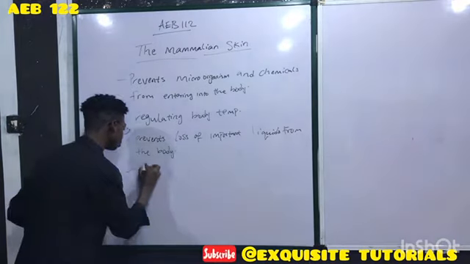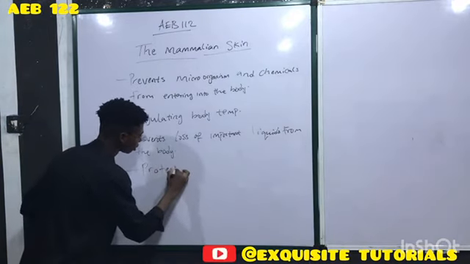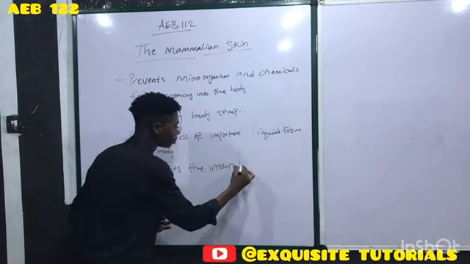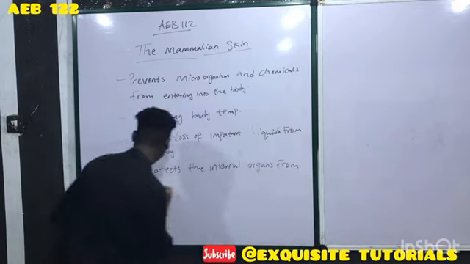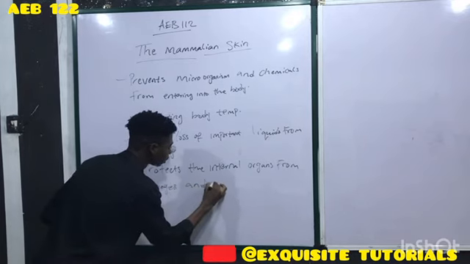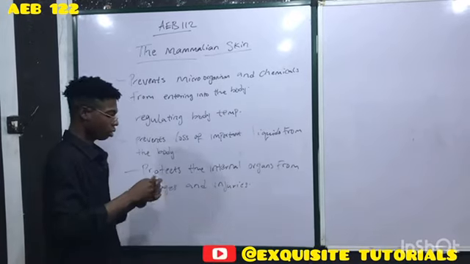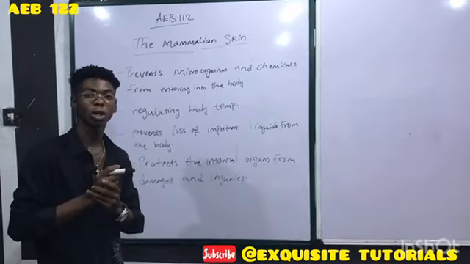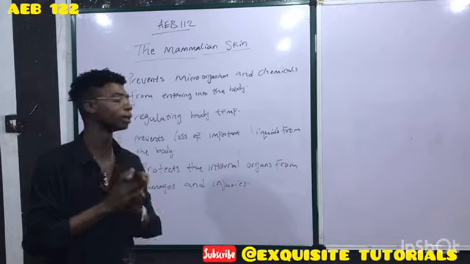So the skin protects the internal organs, we use internal organs to just round all of them up, from damages and injuries. Now, all these explain to us why the skin is very important for human well-being.